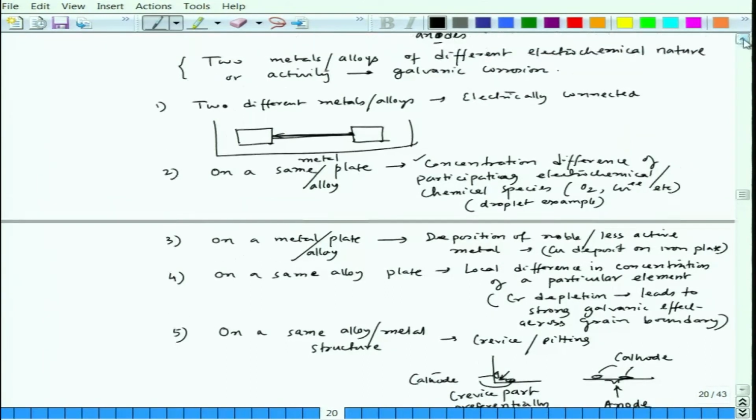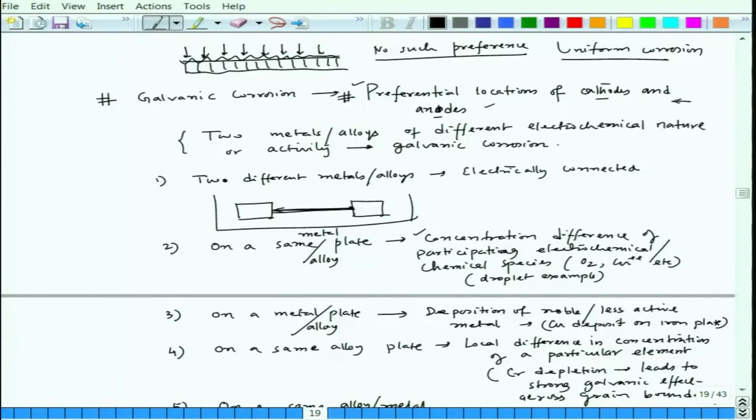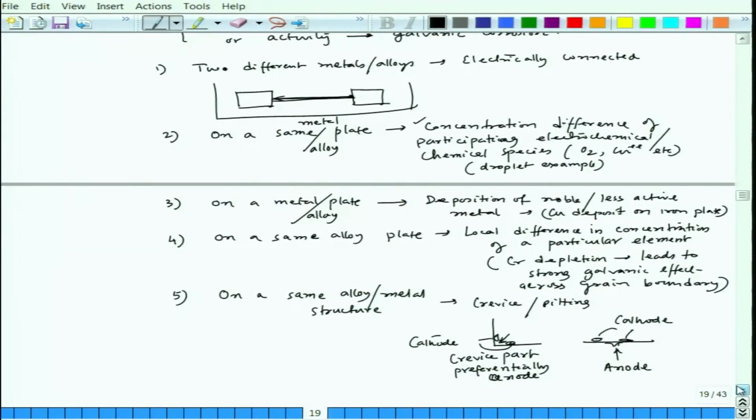So, again coming back to this particular statement, this is extremely important while understanding galvanic corrosion. Fine. So, these are normally observed situations where we could get preferential anode.